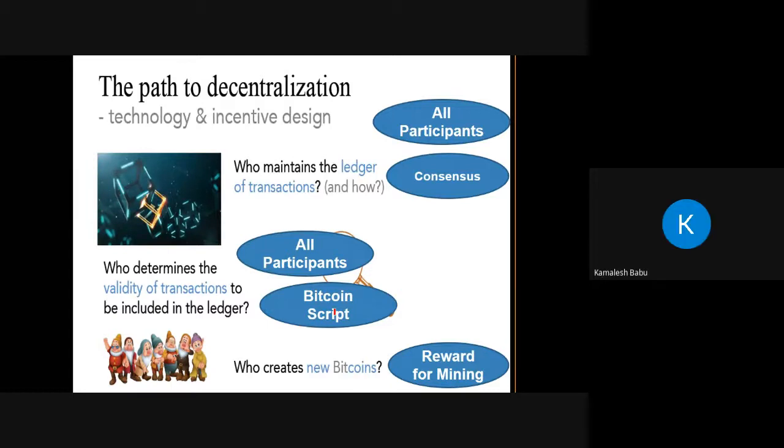Yes. And then how could that Bitcoin be distributed among the participants, among the users? So whoever does the mining process will get some reward, and that is the new Bitcoin given to them out of 21 million.